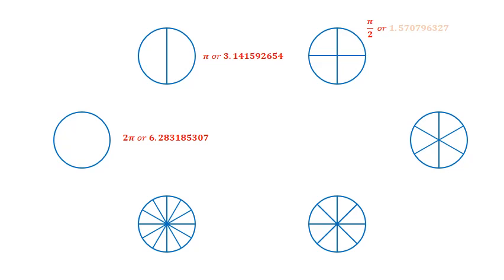A quarter of a circle spin is pi over 2 or 1.5707 and so on. You choose which one you want. A sixth of a circle spin is pi over 3 or 1.047 and so on. You can use either. An eighth of a circle spin is pi over 4 or 0.78539 and so on. Both are correct.